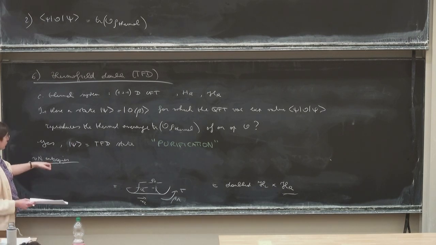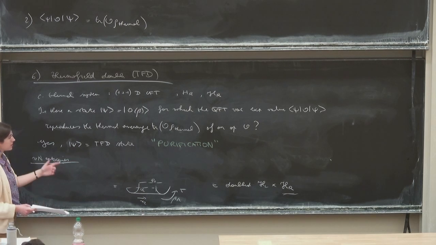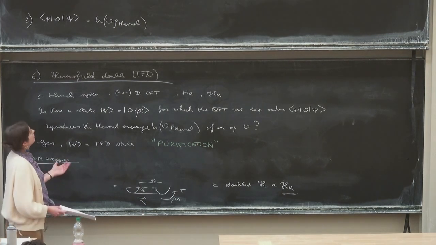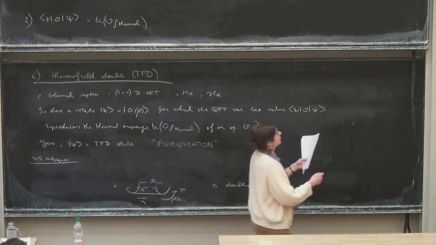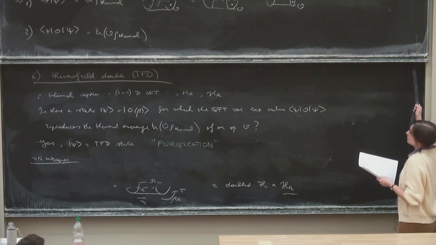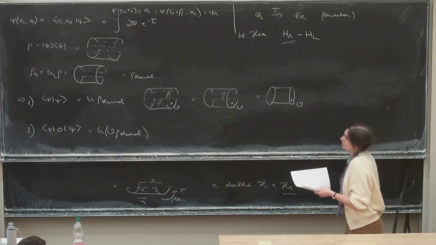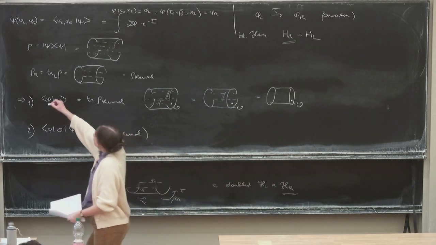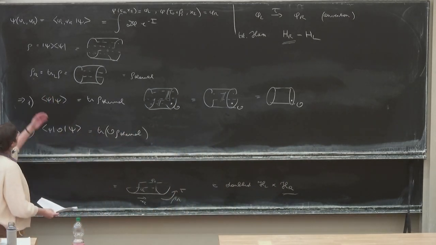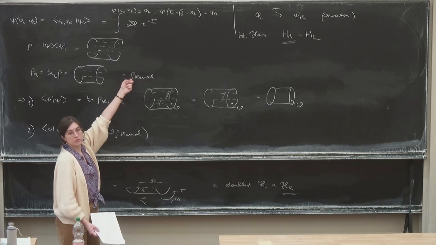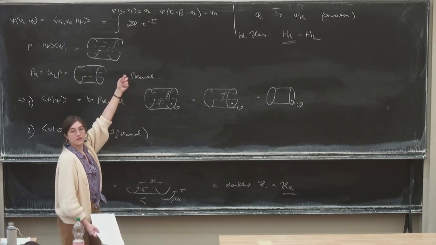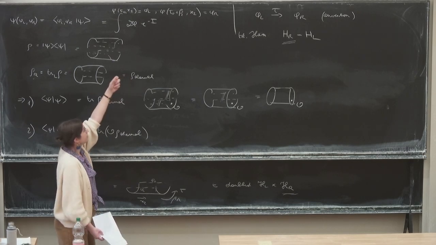The von Neumann entropy for one of the copies, for example the right copy, will be equal by construction to the thermal entropy. And this is exactly what we exploited in our version of the calculation of the entanglement entropy just before.